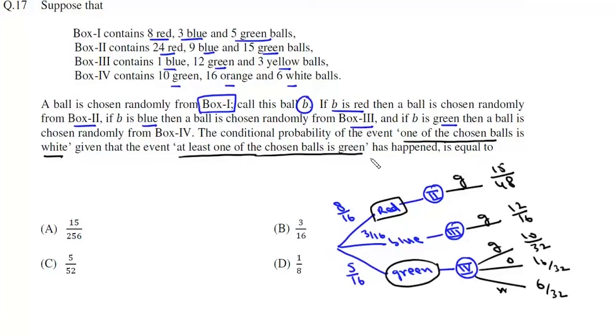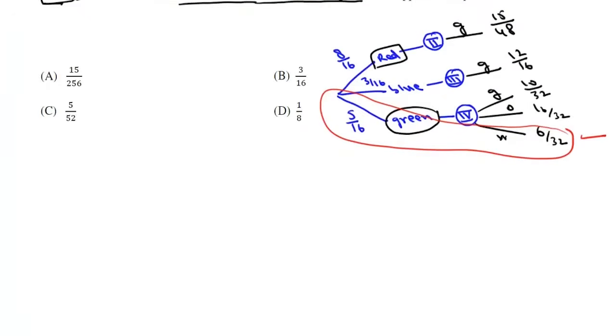Now we have to find the conditional probability that one of the chosen balls is white. So we get white only in this case. So we'll take this case in the numerator and all other cases in the denominator, and that's how we'll get this conditional probability. So we have to find the conditional probability that one of the balls is white given that at least one ball is green.